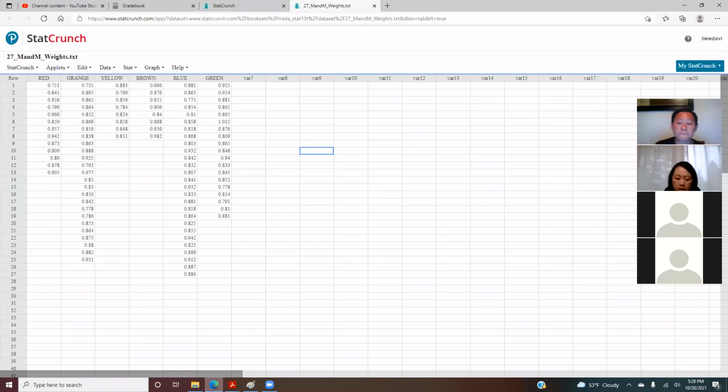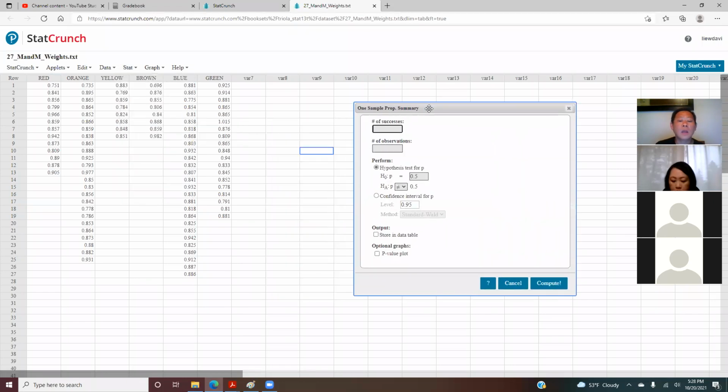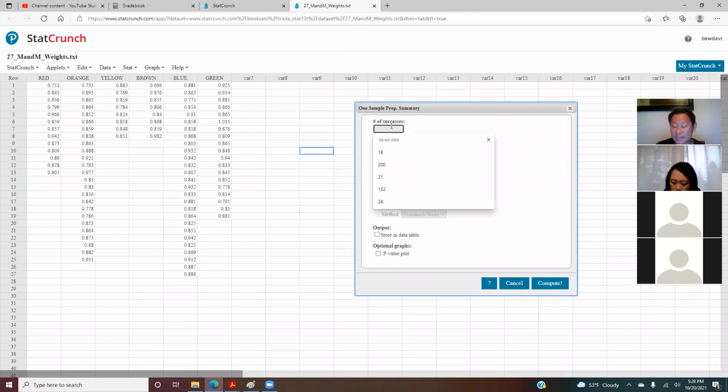In this case, we will go to stats, proportion stats, one sample with summary. The number of successes in this case is 19, because we got 19 green M&Ms. We have 100 observations because there are 100 candies here.